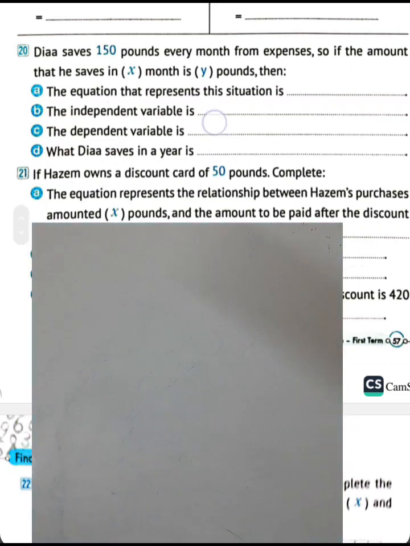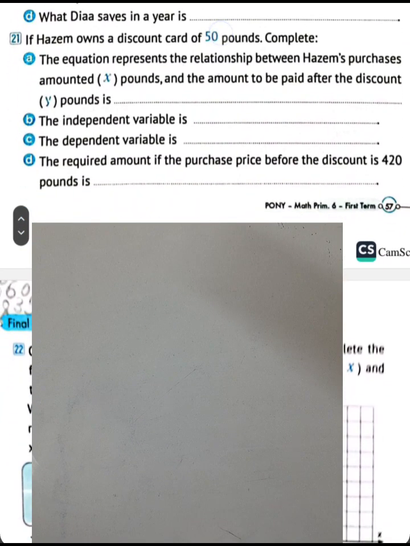Next question 21. If Hazim owns a discount card of 50 pounds, complete. Letter A. The equation represents the relationship between Hazim's purchase amount X pounds and the amount to be paid after discount Y pounds.